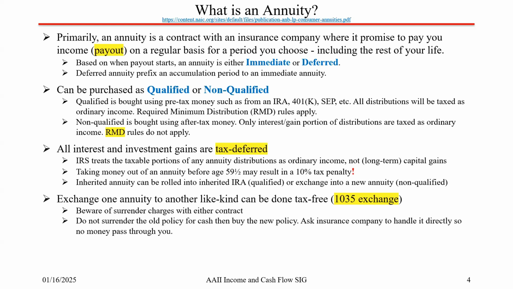Another practical thing is you do not want to surrender, which means terminate the old policy and ask them to send you a check or wire money into your account, and then use that money to buy a new one.